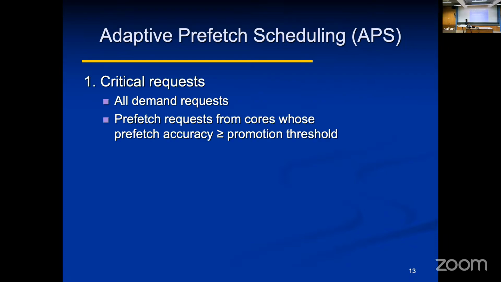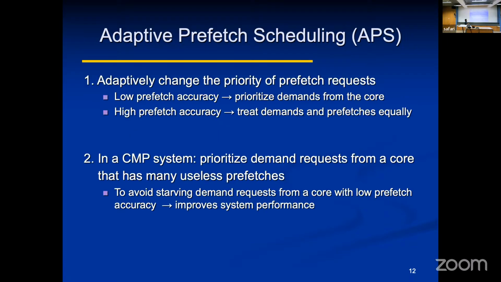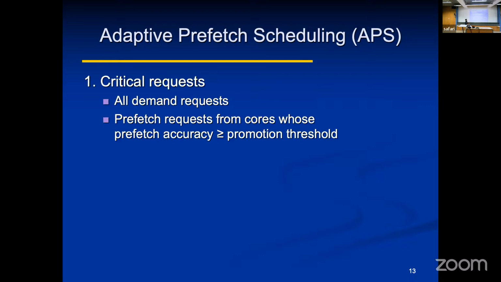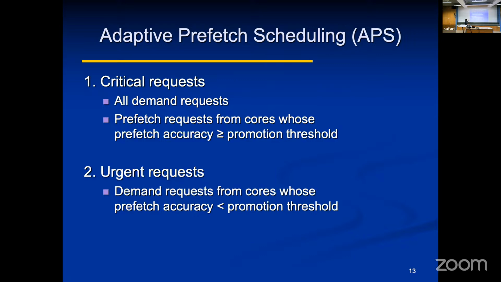Based on this priority ordering, we are going to define two types of priority: one we call the critical request, another one we call the urgent request. The critical requests are essentially the ones that are all the demand requests, which are by default critical, and then the prefetch requests are also called critical if they are coming from a core where the prefetch accuracy is significantly high. Okay, so what do we mean by significantly high?